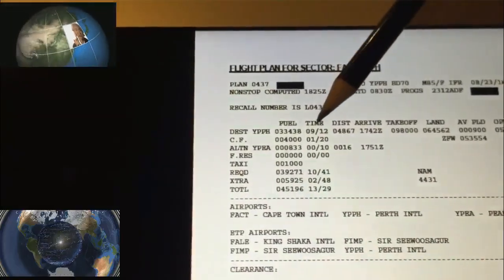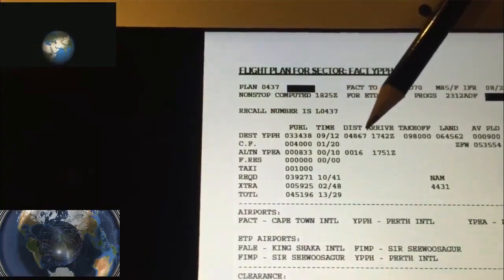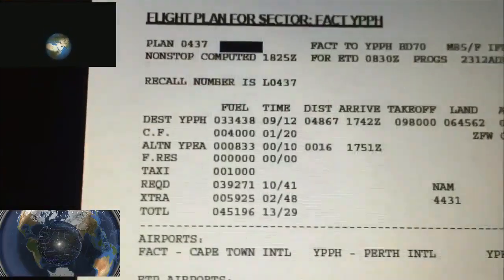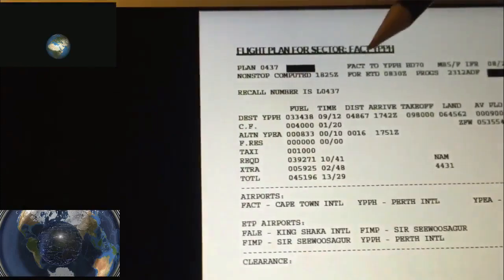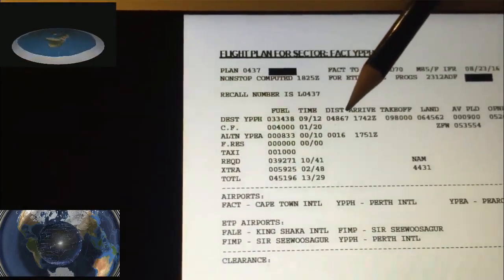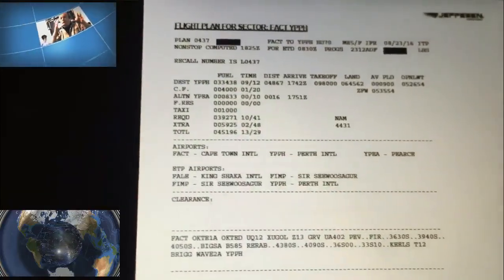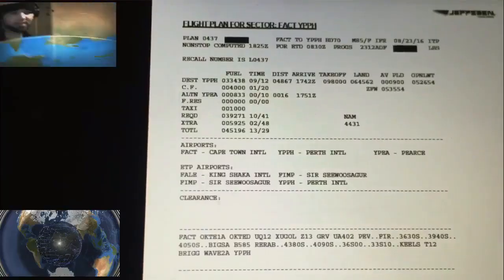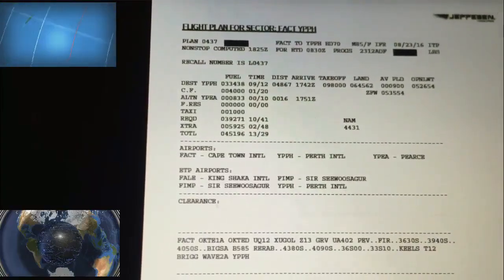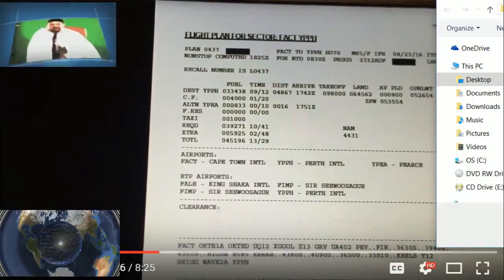Okay, so this is the Cape Town to Perth flight, which is what you see in the video. 9 hours 12, 4,867 nautical miles. And what you'll notice in the video is that we actually did it in 4,811. That's because this flight plan also includes a standard instrument departure, which took us out on one runway that required a big loop back over the airport.